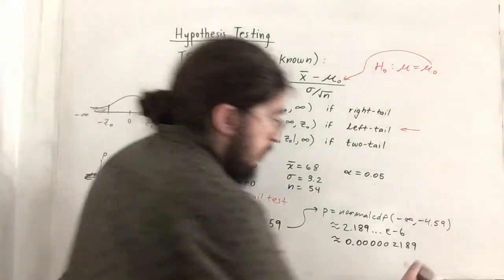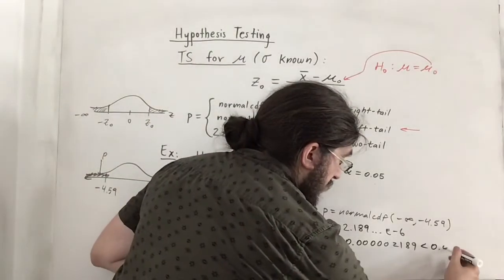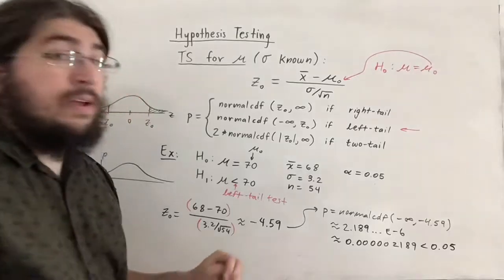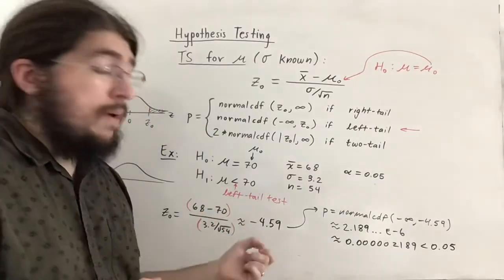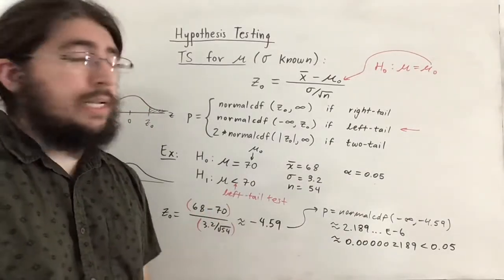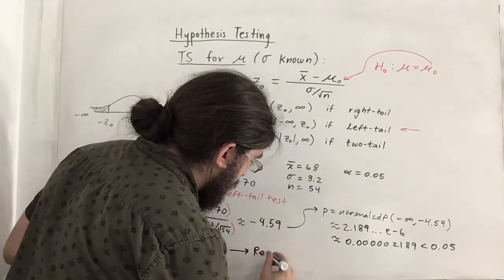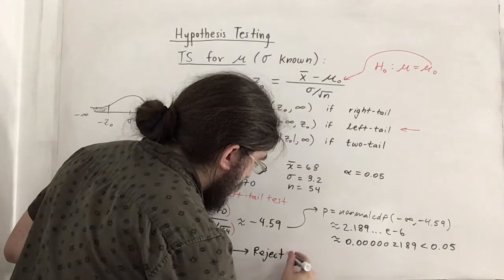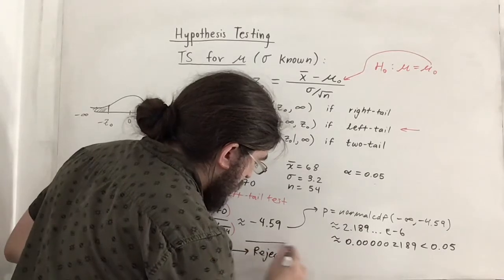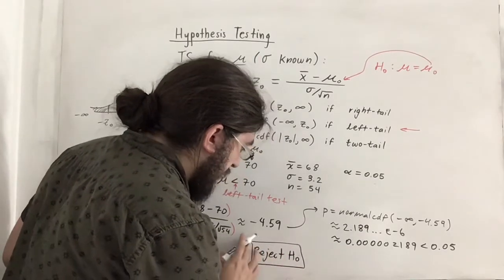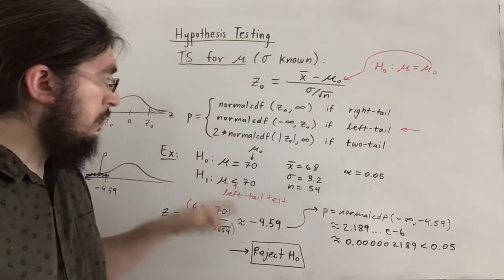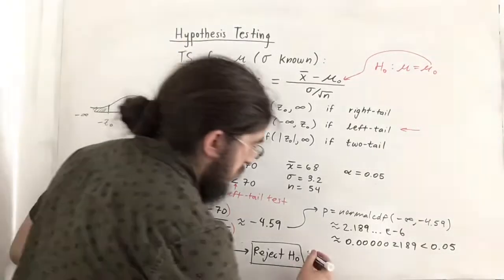And this for sure is definitely less than our level of significance, 0.05, which is fantastic. Because remember, when p is less than alpha, then you reject the null hypothesis. So from here we can say we reject the null hypothesis, in which case that means that there is sufficient evidence to support H1. So let me just write that out.